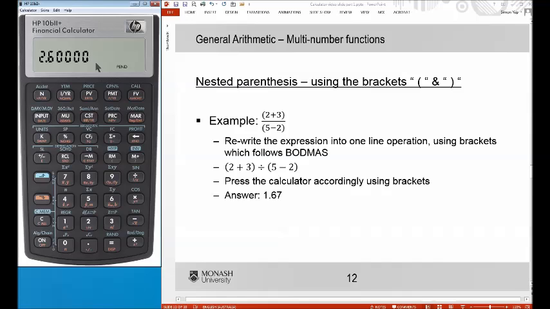And we all know that this is incorrect. This is because calculations without parentheses or brackets are performed from left to right as you entered them.